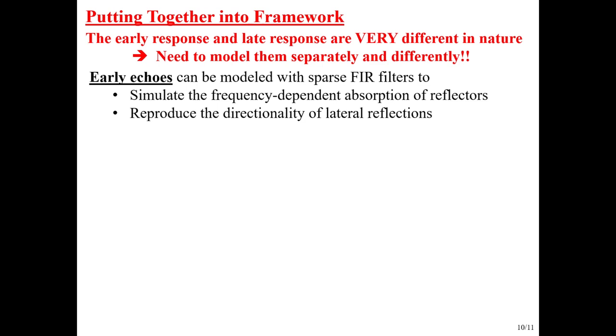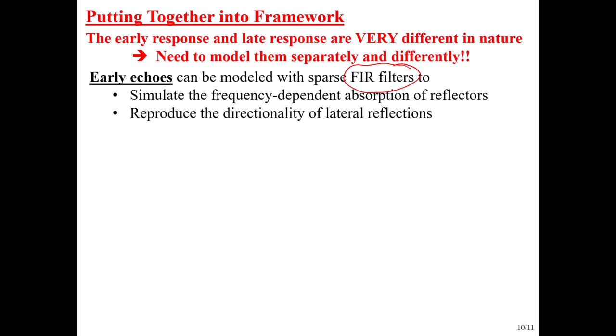So for the early response, those early echoes, we said that they are very distinct and quite separated compared to the density that happens in the late response. So we can think about an FIR filter, and we'll go into more detail so it'll be a little clearer what I'm talking about, but it'll be a sparse FIR filter.